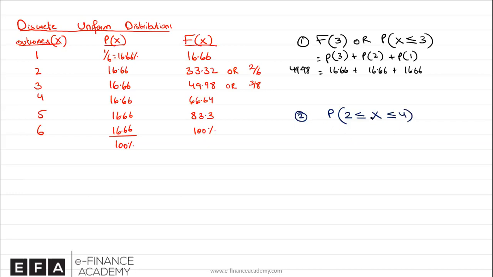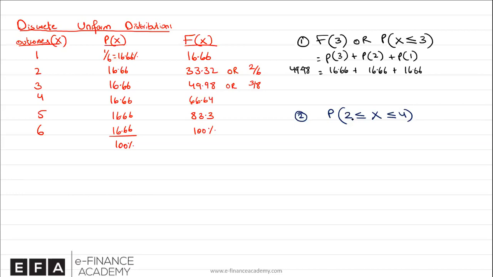Equal means we are counting 2 as well. How many outcomes are there in this statement? We have outcome 2 because we are saying equal to 2, then 3, and 4.